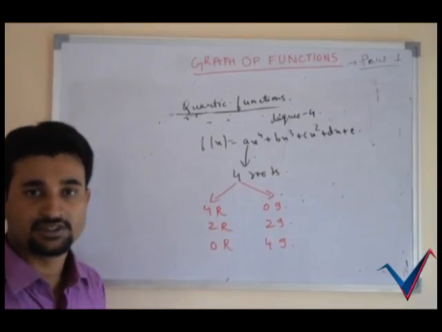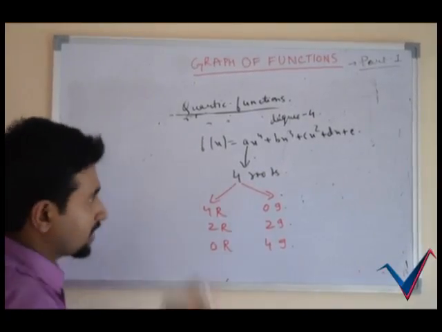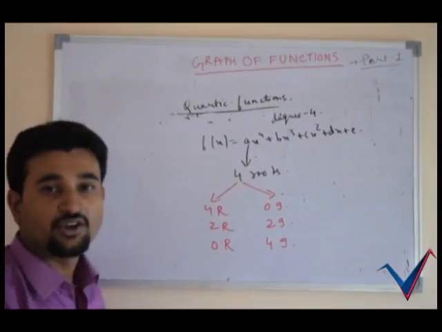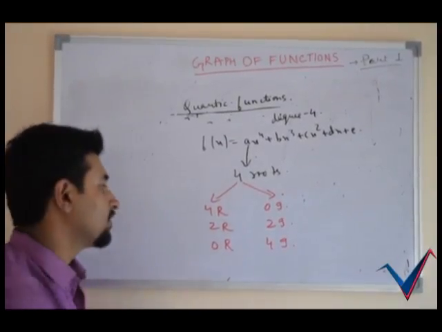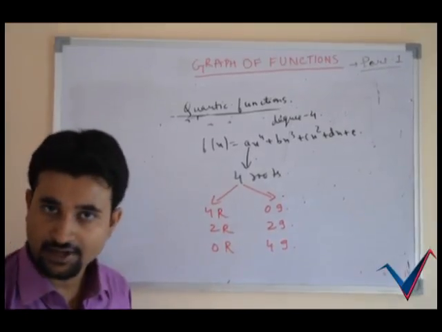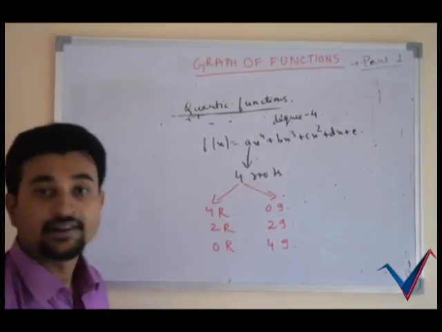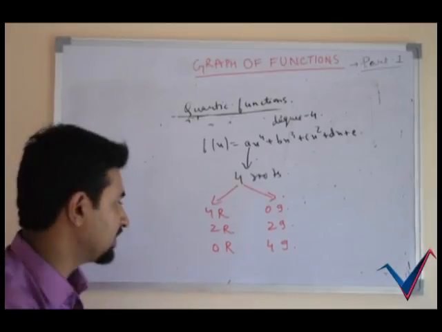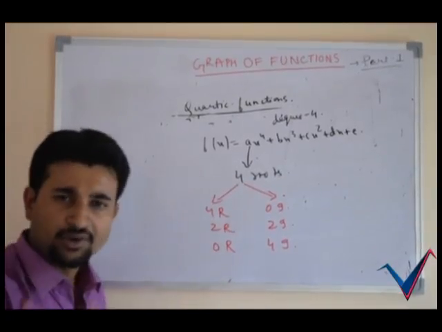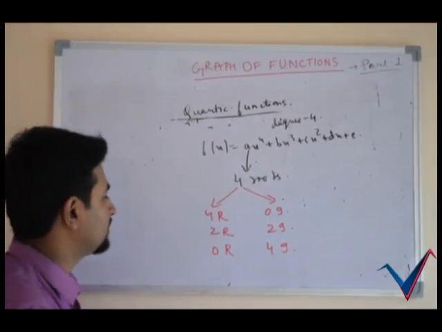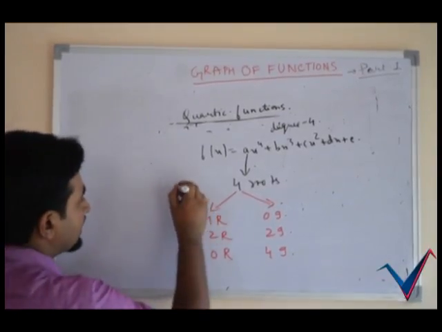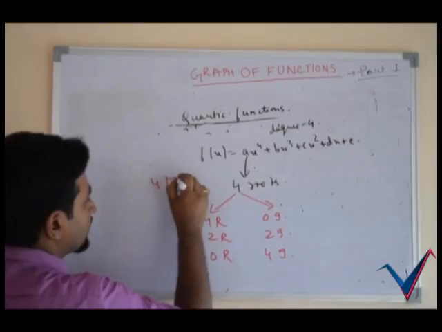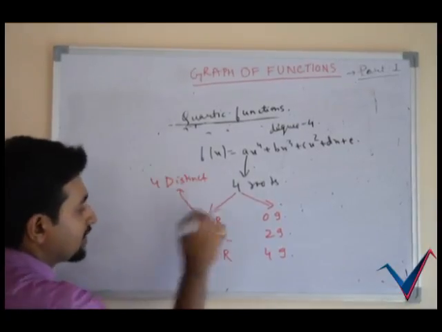But we won't go into much detail because the graph of cubic and quartic functions is not as important from the competitive point of view. So we will study just a basic form where 4 roots are real and distinct.